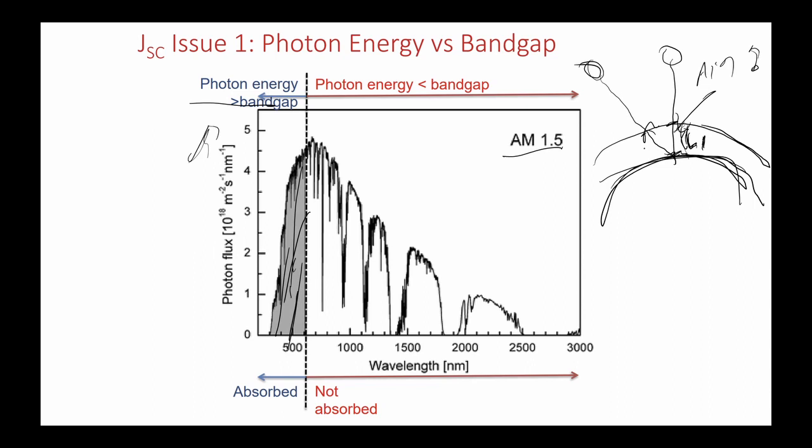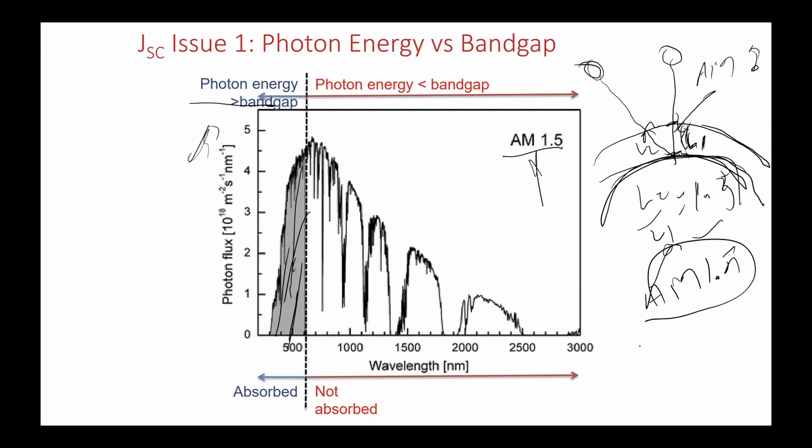And if L2 divided by L1 is 1.5, this is AM 1.5. This is the meaning of AM, air mass illumination. Okay, there is one term AM0.